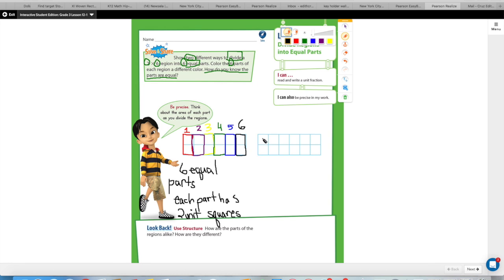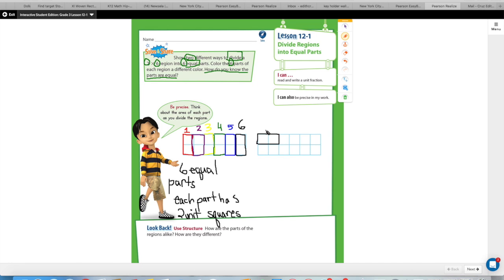Remember, it has to be 6 equal parts. So we have 12 total unit squares, and we're going to do this differently. We are going to divide it horizontally.